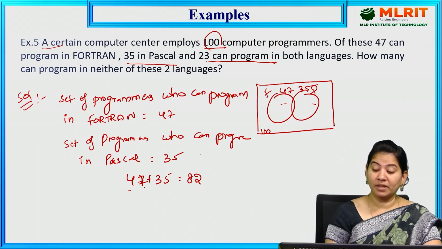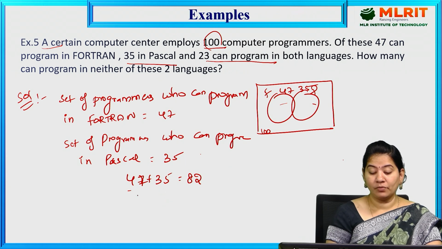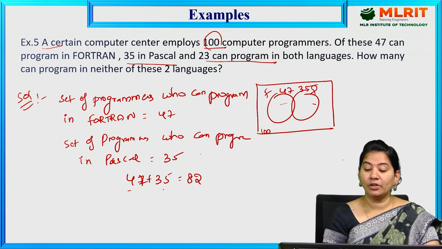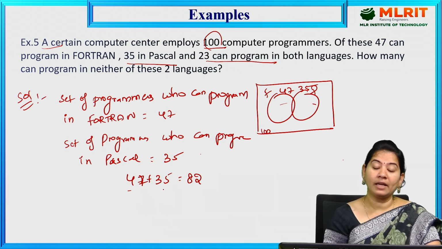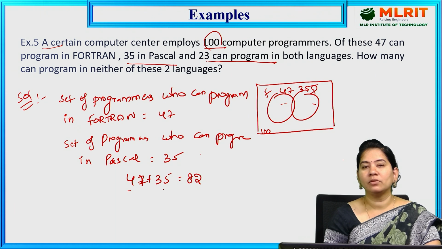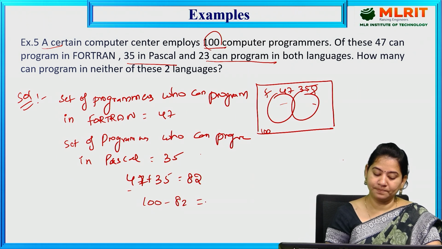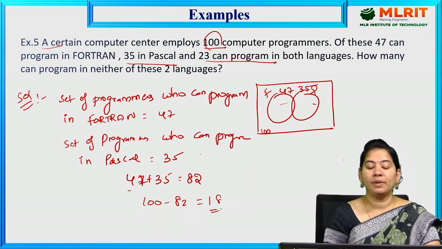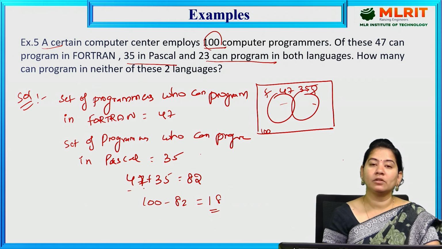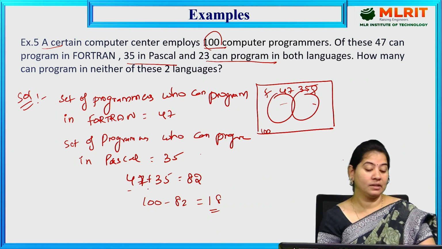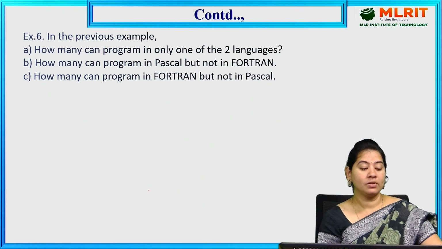So 47 plus 35, total 82 members. How many can program in neither of these two languages? Neither of the two languages is nothing but 100 minus 82. So obviously 18 members. So the people who are not programming in either of the two languages are 18.